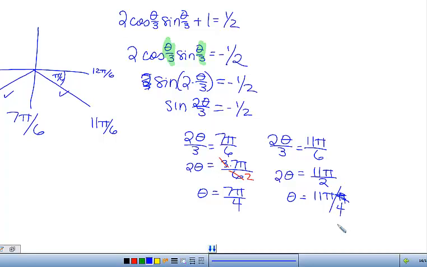But if we want our answer to be between 0 and 2 pi, we've already overshot 2 pi, which would have been 8 pi over 4. So the coterminal angle is 11 pi minus 8 pi over 4, which gives me 3 pi over 4. So my solution set would be theta equals 3 pi over 4 and 7 pi over 4.